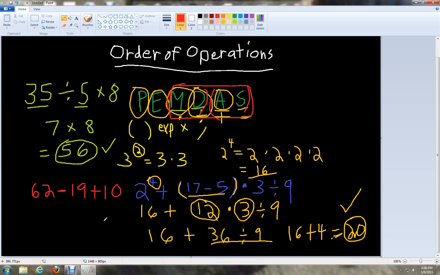Well, what you do is you can work from left to right, so you could do 62 minus 19. You do that subtraction.